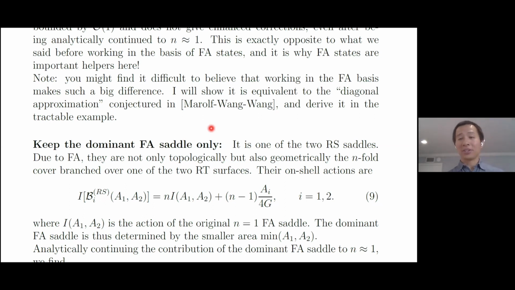The on-shell actions of these two replica symmetric saddles, one of which will be dominant, are simply given by replicating the original saddle. So I of A1, A2 is the action of the original fixed area saddle, n equals 1. We replicate it n times, and now we need to add in these area terms that correspond, roughly speaking, to the conical excess. Each one of them will contribute n-1 times the corresponding area over 4G, and we have two possible values for the area.